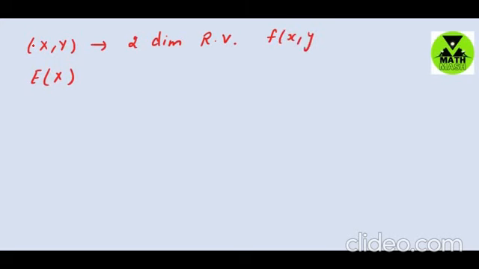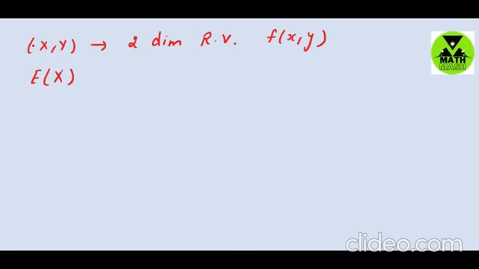Now if x and y are a two dimensional random variable, (x, y), and we need to compute the expected value of x. So if it is a two-dimensional random variable, their joint probability distribution function is given to us, and we want to compute the expected value of x, that is, of a univariate function from this joint distribution function.